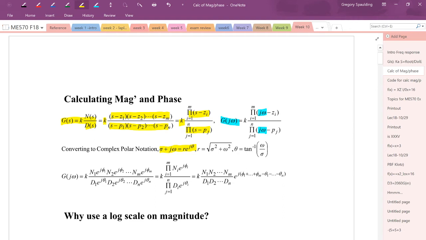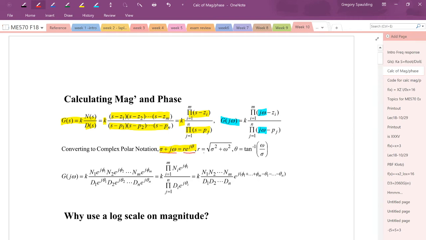A complex polar notation. So our complex number that we typically think about, a real and imaginary portion, we're moving into this alternate form. And if you look back in your math, you remember there are a couple different alternate forms, and this is one of the alternate forms that we can use to represent a complex number.